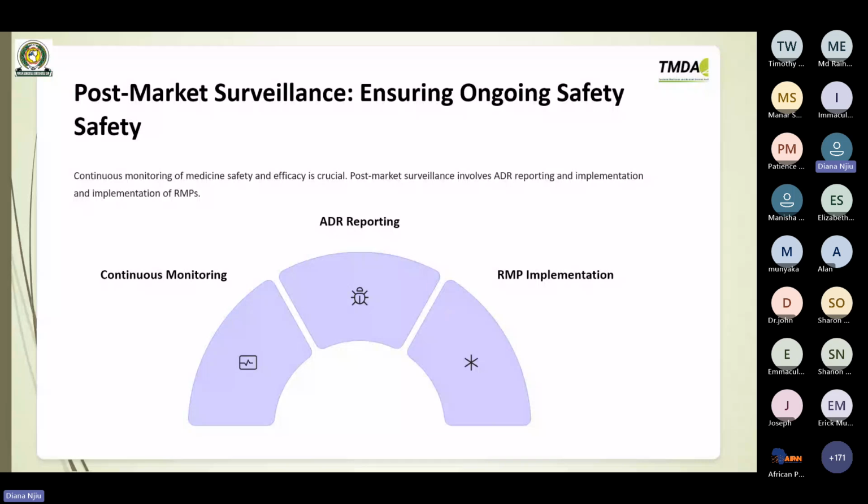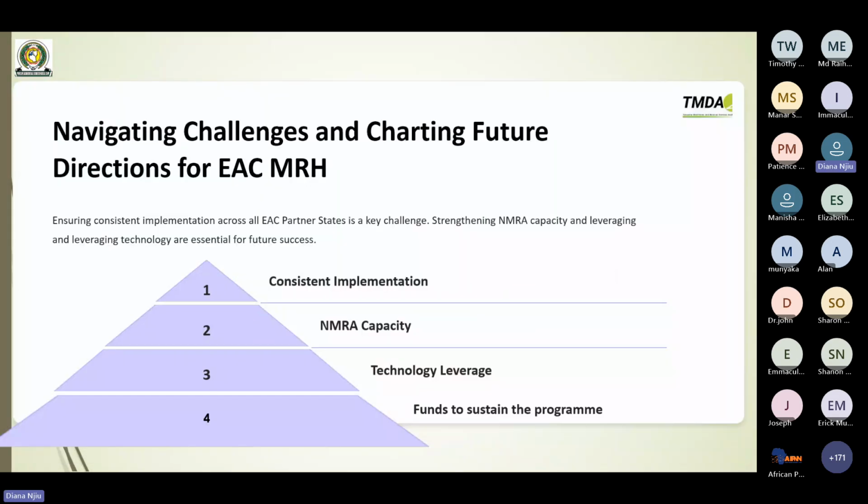There are several challenges related to the route. Ensuring consistent implementation across the EAC partner states is a key challenge. Strengthening NMRA capacity and leveraging technology are essential for future success.